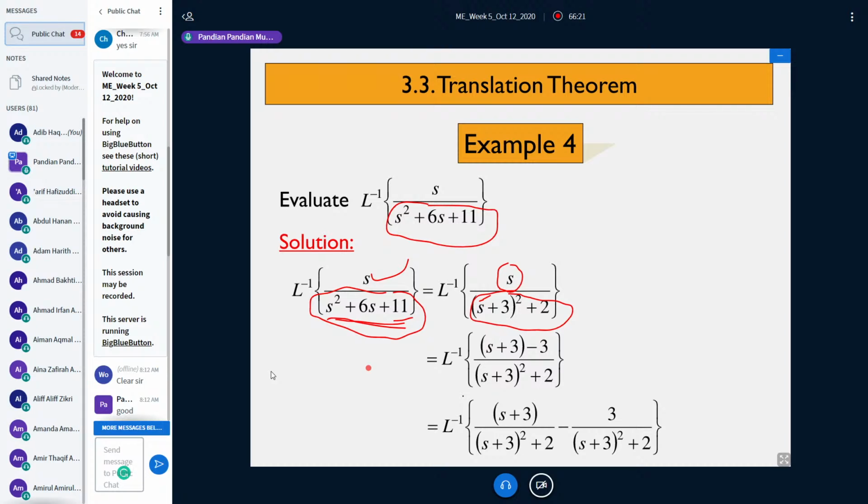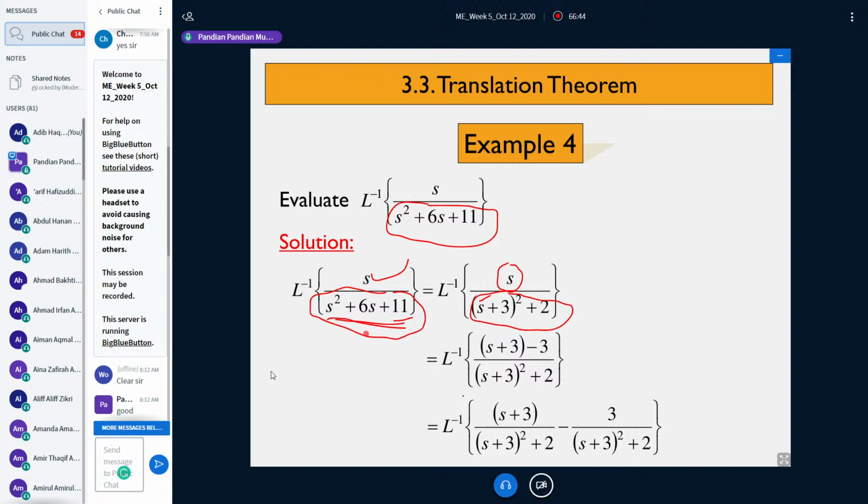Partial fraction only will work if you can factorize. So in this case, there is no real number S plus 2 multiplied by S plus 3. This term cannot be factorized. So therefore, we use completing the square.